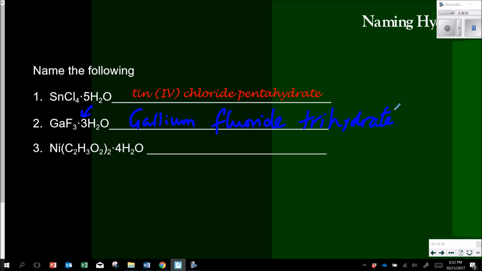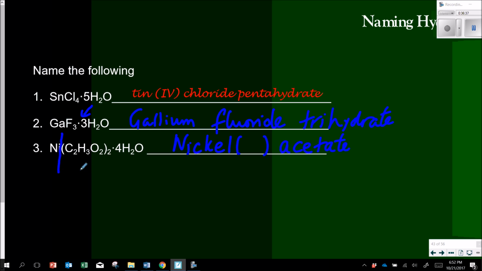Lastly, I have Ni with C2H3O2 and 4H2O. Ni is for nickel. Nickel is multivalent, so I have to figure out the Roman numeral. Then C2H3O2 is acetate. Separate my anion and cation.